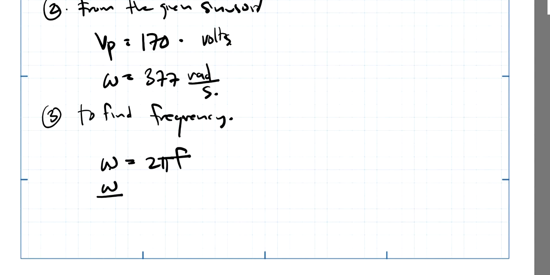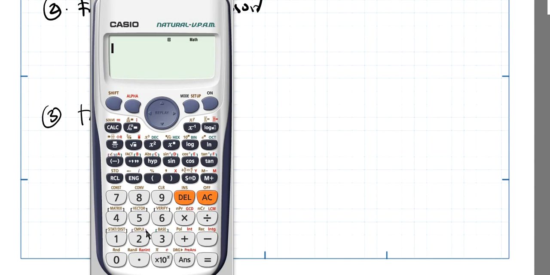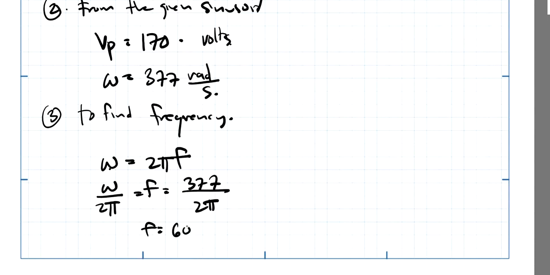So omega divided by 2 pi is equal to f. If we substitute the value, we have 377 divided by 2 pi. So f is equal to 60 hertz.